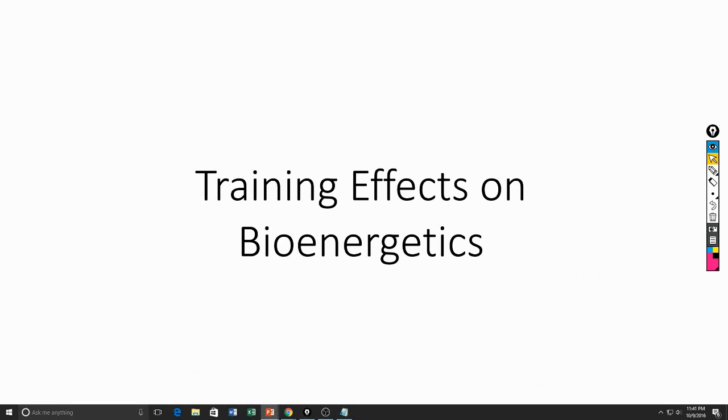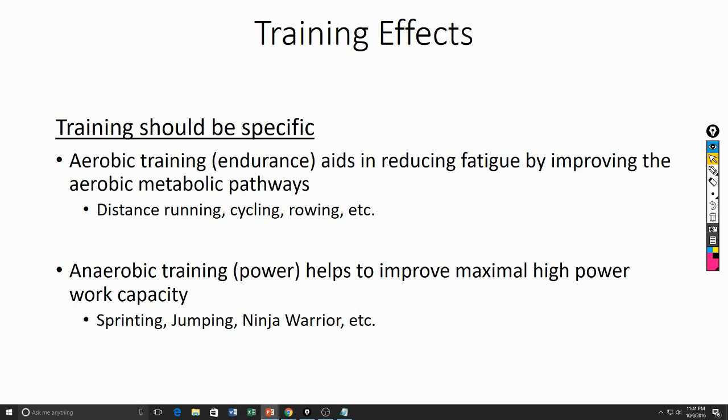Okay, so now let's look at training effects and bioenergetics. From the broadest of senses, when you're training aerobic sports, when you're running or jogging or anything along those lines, the only thing that's going to make you improve is by inducing fatigue.